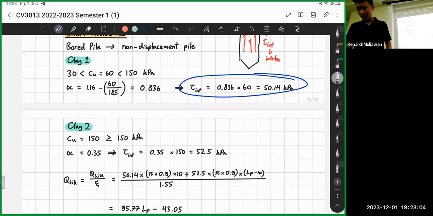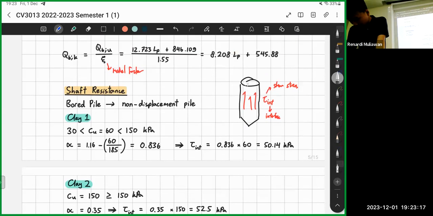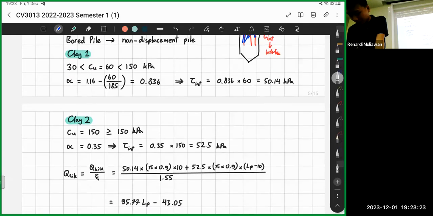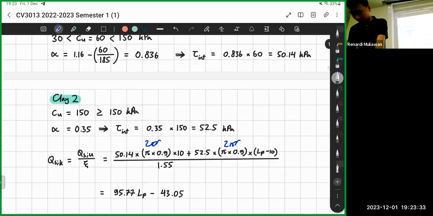But this one is not the base area. That's the difference. The surface area is the sleeve of the pile, because the friction comes from the perimeter. So you multiply by pi times d, so 2 pi r. It's not pi r squared, it's 2 pi r. It's the sleeve area.